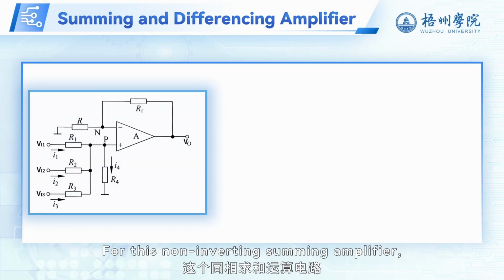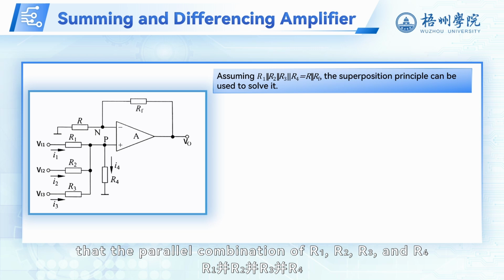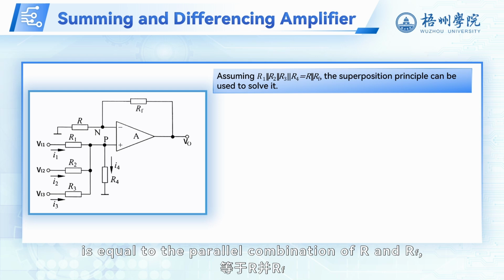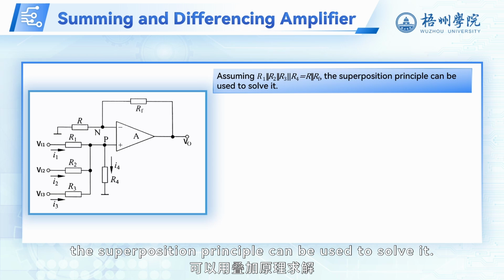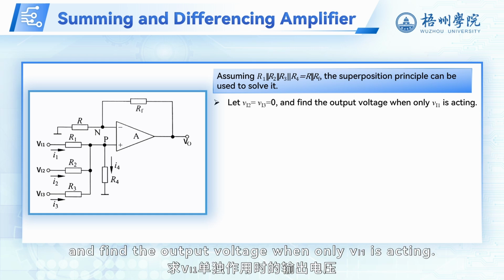For this non-inverting summing amplifier, assuming that the parallel combination of R1, R2, R3, and R4 is equal to the parallel combination of R and Rf, the superposition principle can be used to solve it. Let Vi2 and Vi3 be 0, and find the output voltage when only Vi1 is acting.